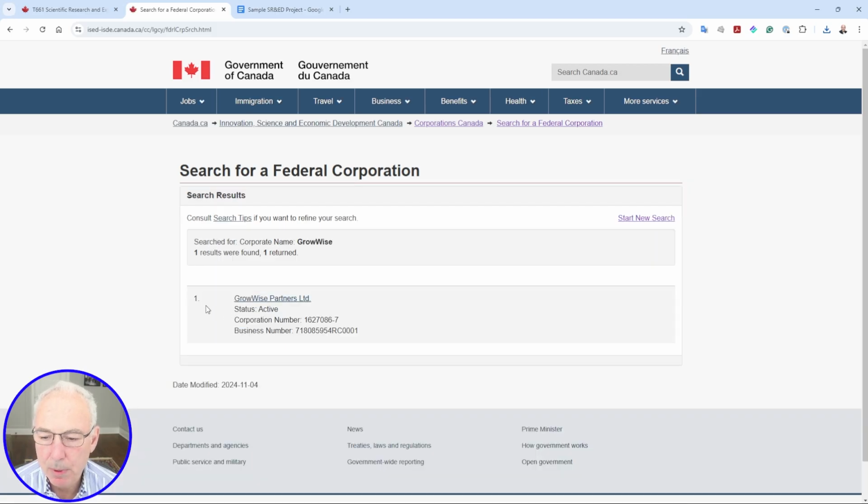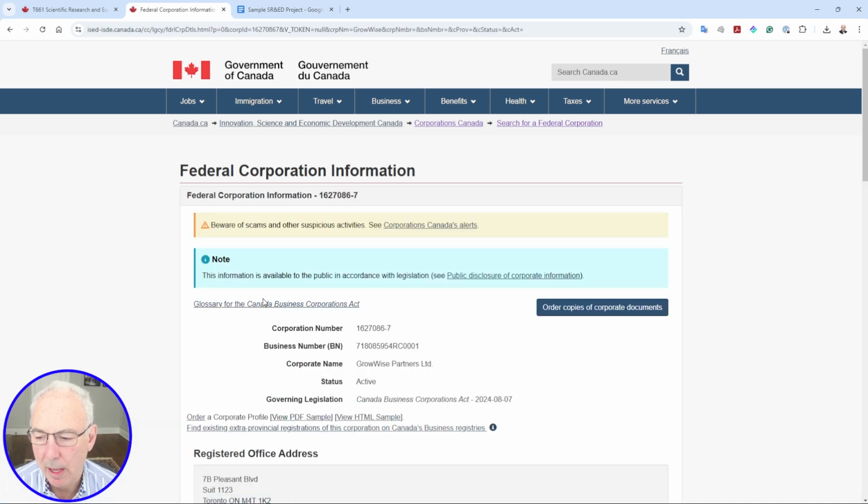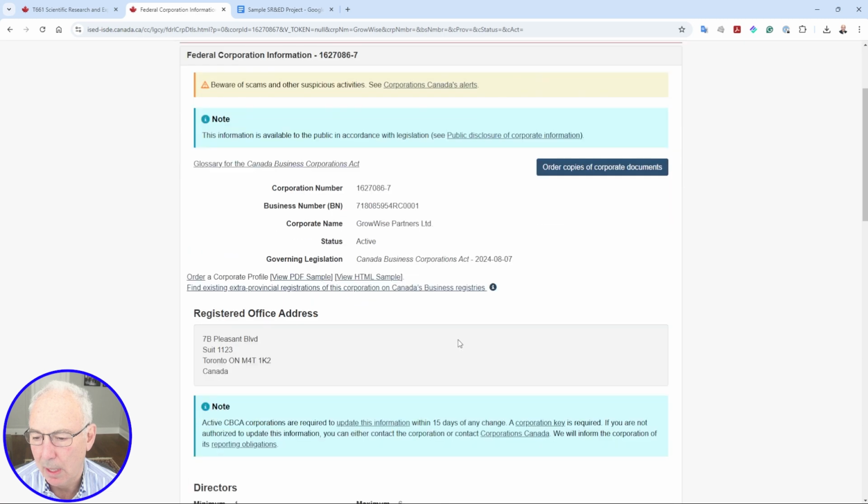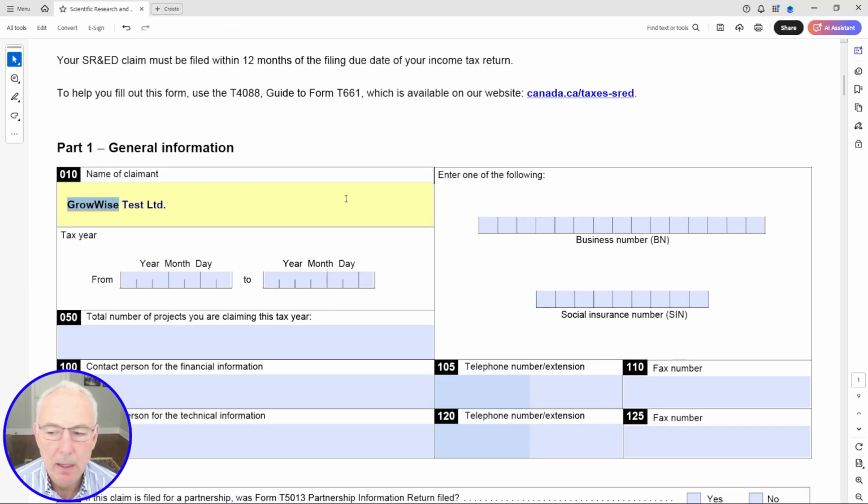The beginning of the corporate name is usually good enough, and the search engine finds the actual business number here. The business number typically ends in RC 0001. It could be another number here. Be sure to copy the entire business number and paste it into the business number of the T661. You don't need your social insurance number.